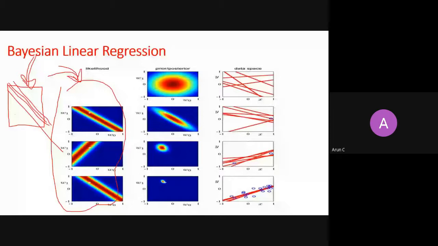So what is the formula for likelihood? You just take the likelihood formula first. Then you put in how many points there are. So there is only one point. In that formula of likelihood, what are the variables? Can you tell me? W naught, W1. Right.